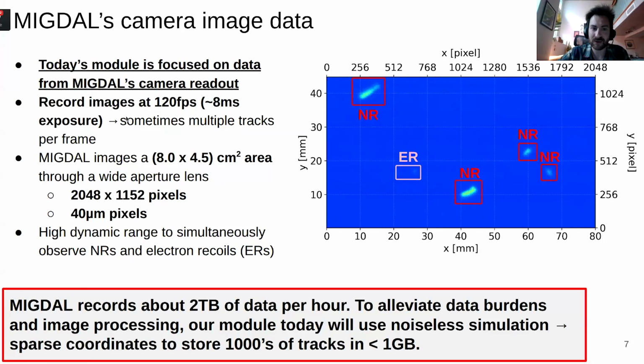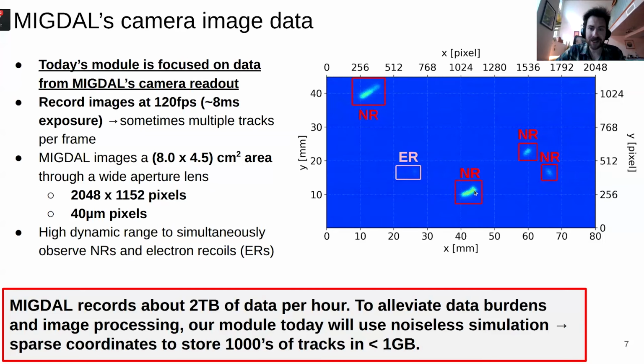And so what ultimately ends up happening is we sometimes record multiple tracks per frame, which you can see here. There are 5 tracks here, and this really highlights, before doing image processing, just how dim these electron recoil tracks are compared to your nuclear recoils.